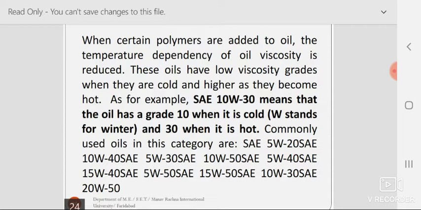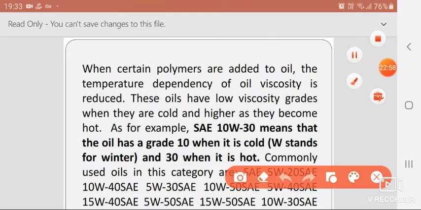For example, SAE 10W30, which is shown here. That means the oil has a grade 10 when it is cold. W stands for winter. That means during cold weather or winter season, it has a grade 10, and 30 when it's hot. That means hot weather, a high viscosity oil.